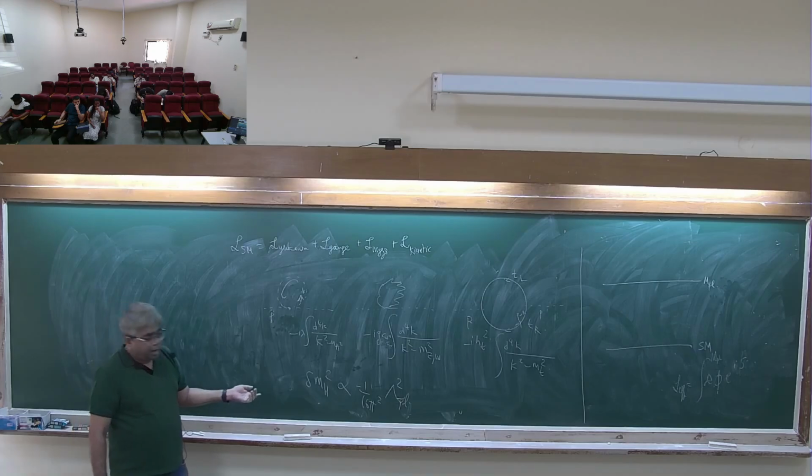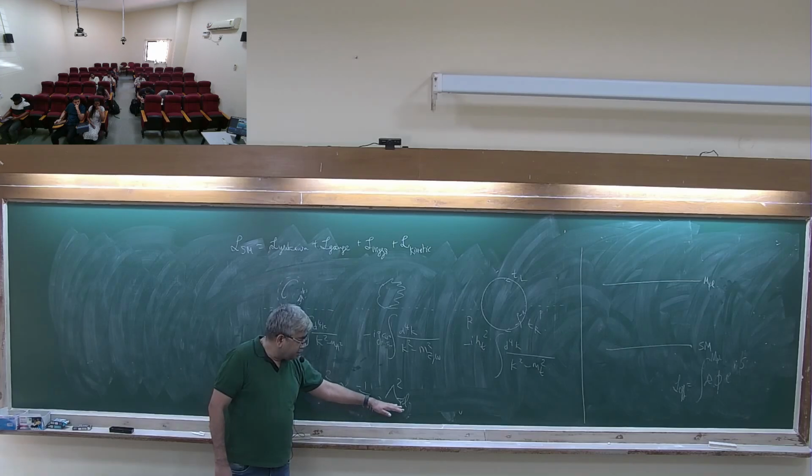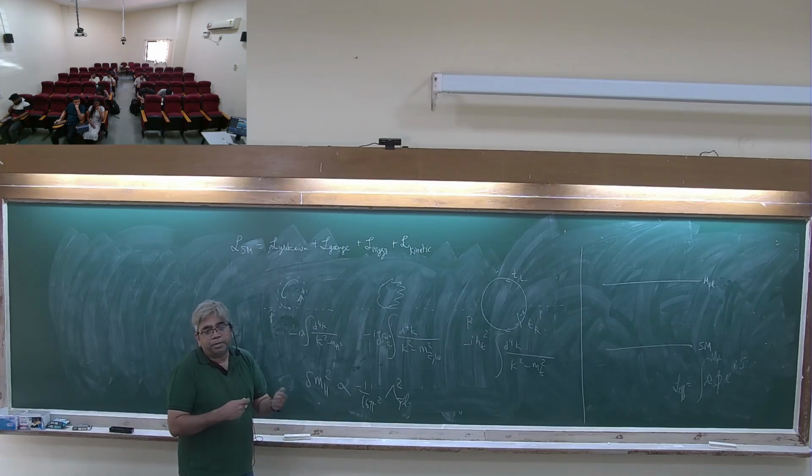This correction will be tamed at the new physics scale, which will be say 1 TeV or so. Why did I choose 1 TeV? 1 TeV is the scale where the fine tuning is roughly of the order of 10 power minus 4.